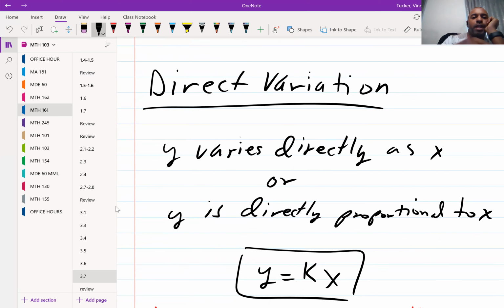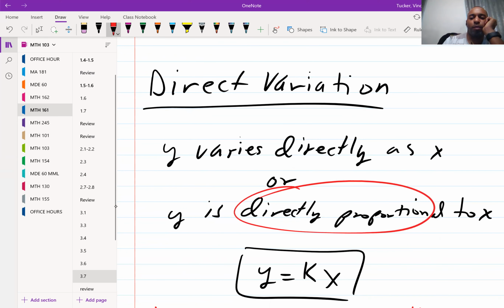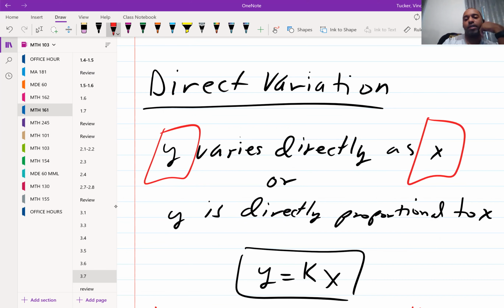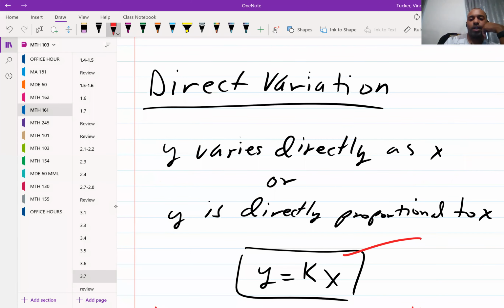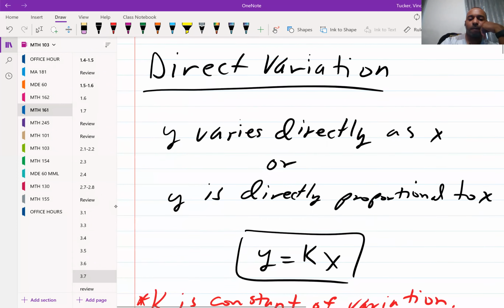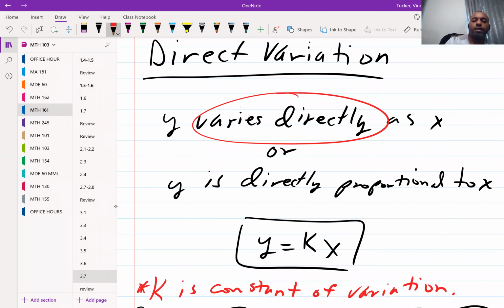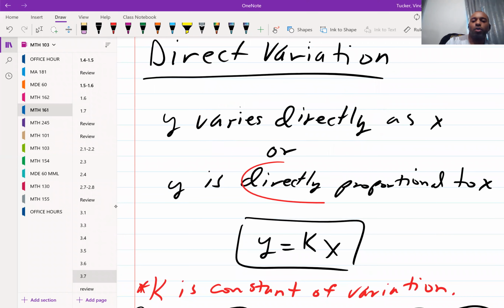Here it is: varies directly or directly proportional to. Y is what comes in front of that, and X is what comes after that. The way we'll set it up is Y equal to K times X, where K is your constant of variation. So if you see, once again, varies directly or directly proportional to, then this is how you're going to set up your problem.